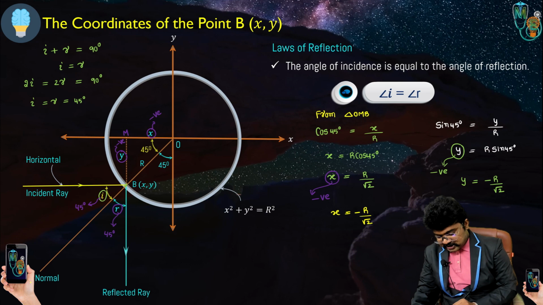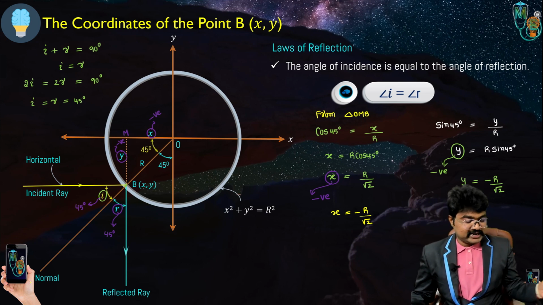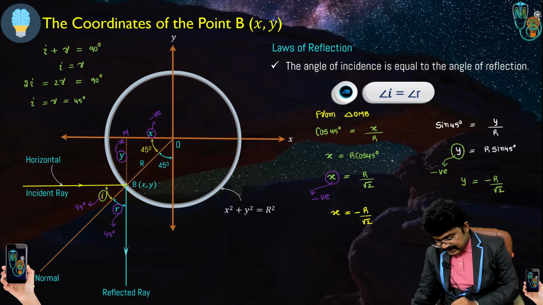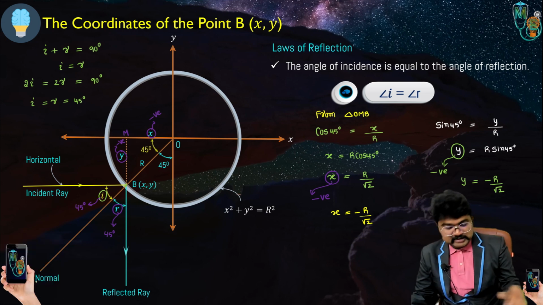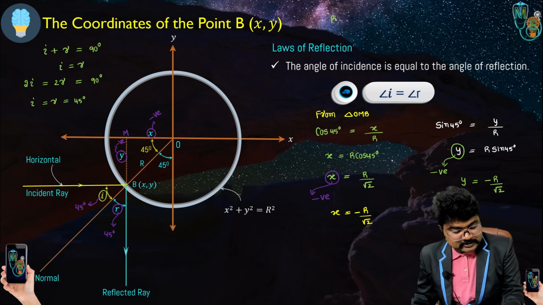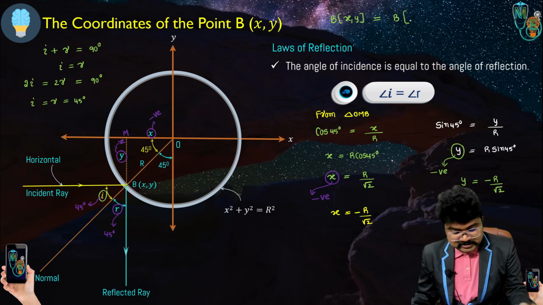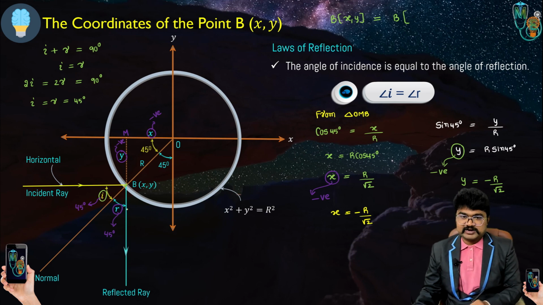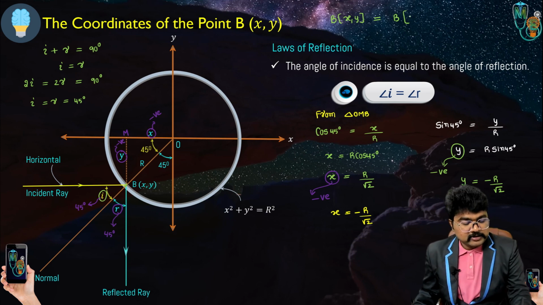So here, if you are interested to write this B directly, in what manner you will write? Tell me. B x comma y equals B. You can write this is r cos 45, r sin 45. Both are negative.